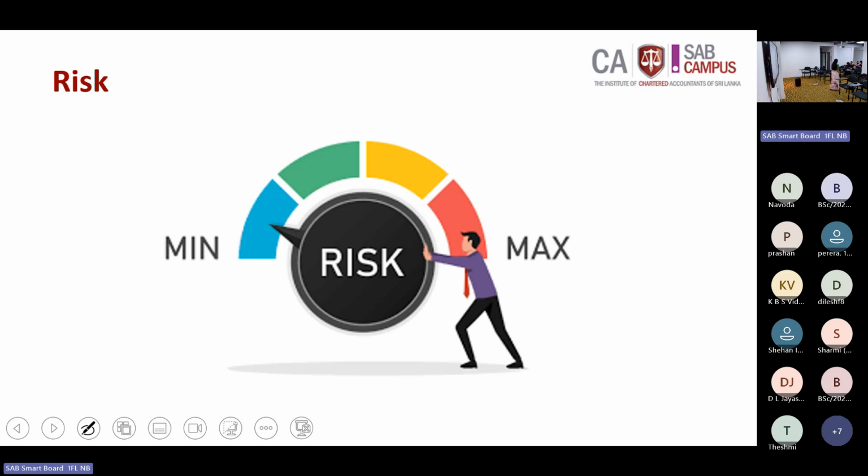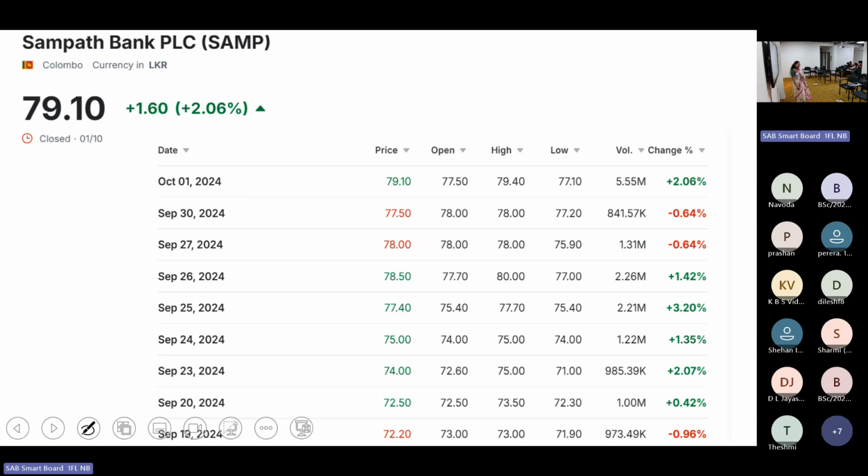Right. Okay. Make the heading for the risk. Now we are going to identify the risk. What are these figures? Shares. Which shares? Sampath Bank. Right?